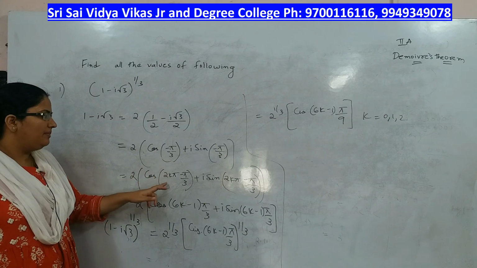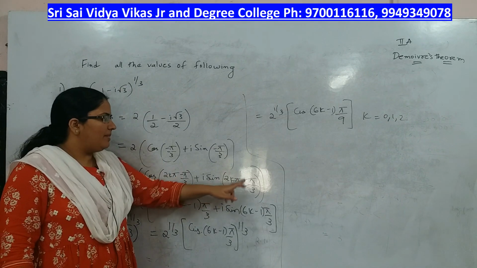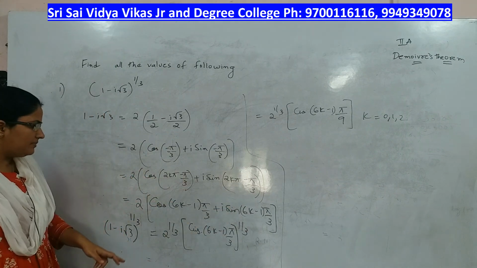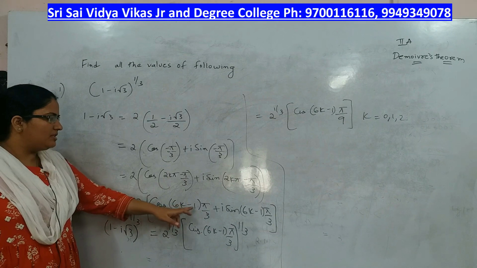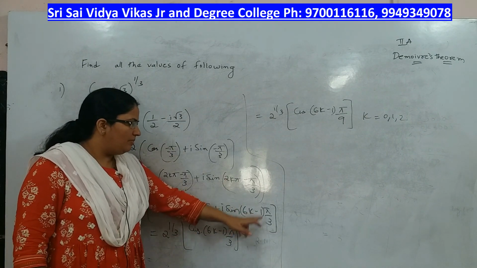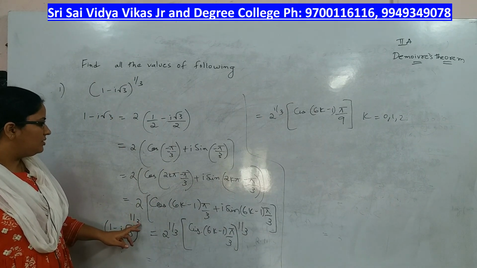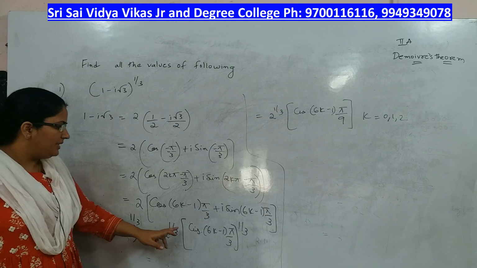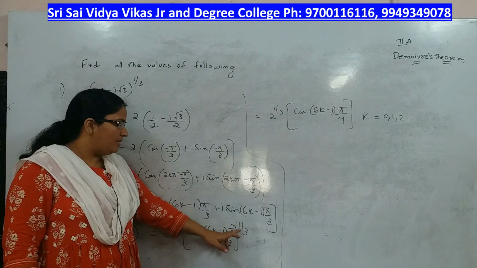So you can write cos (2k pi minus pi by 3) plus i sin (2k pi minus pi by 3). 2 into cos, take LCM, you have (6k minus 1) into pi by 3 plus i sin (6k minus 1) into pi by 3. Take 1 by 3 up, so you have 2 power 1 by 3, cis (6k minus 1) into pi by 3 whole power 1 by 3.